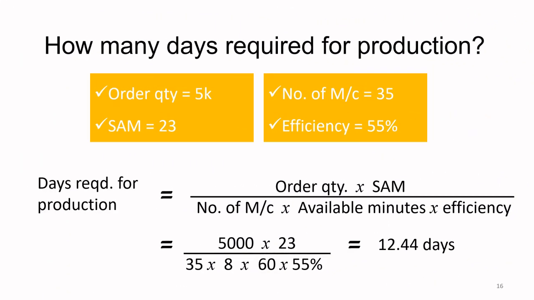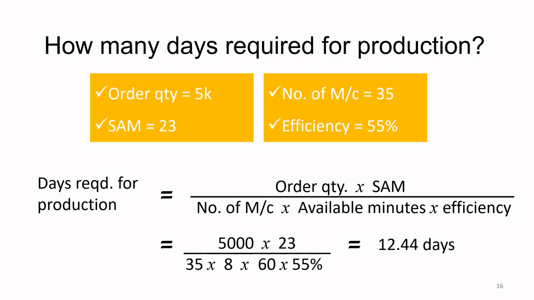We will now take one such example where we will try to calculate how many days are required to produce a particular order. Now, the example that we have taken over here is that of a style, which is 5,000 pieces, and that style can be made in 23 minutes.